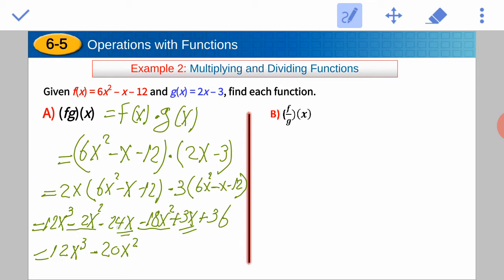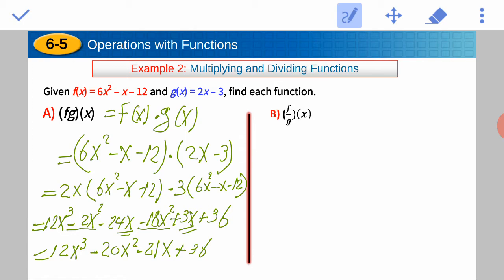Negative 24 plus 3 simplifies to negative 21x. And finally, we have this 36 alone, so it's a plus 36. This is the product of f of x times g of x, or fg of x. The product of the two functions is this beautiful polynomial.